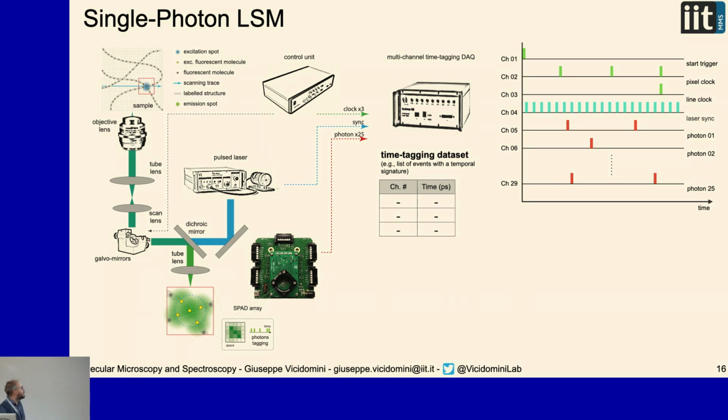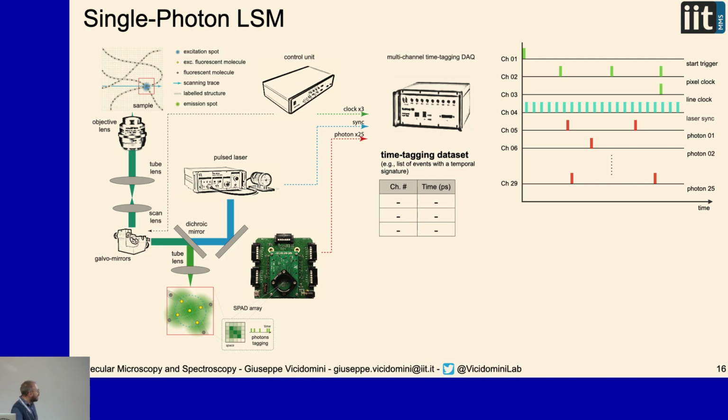Every time that a photon is collected by one element of the detector, it receives a digital signal that it is able to store with a temporal tag of the order of picosecond resolution, as I told you before. But it's also able to collect all the other synchronization signals from my system, for example, when the beam is moving thanks to the Galvo system, or the many other synchronization signals that I have with my microscope.